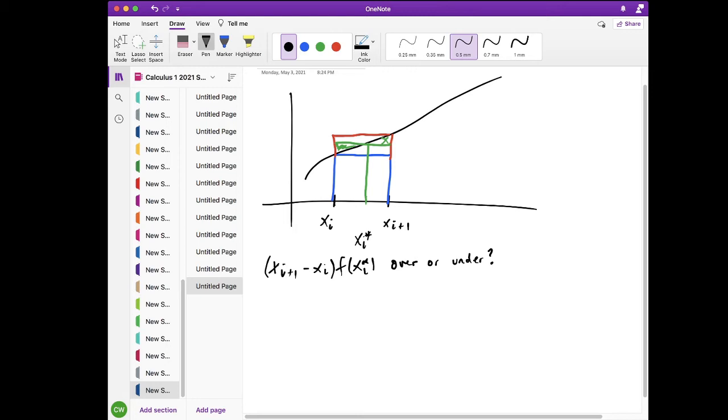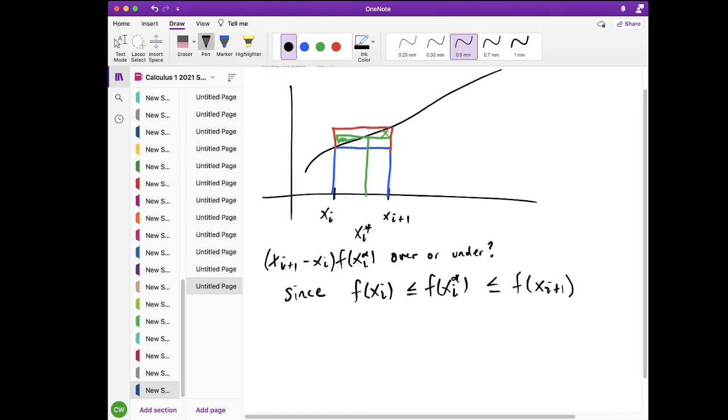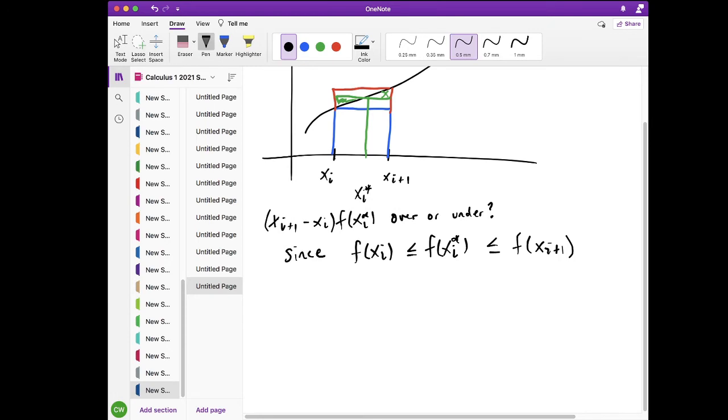This is an increasing interval, since f of xi is less than f of xi star is less than f of xi plus 1, which means these areas must be in the same order. That is, Ln is less than Sn, we'll call this Sn for a reason, less than Rn.